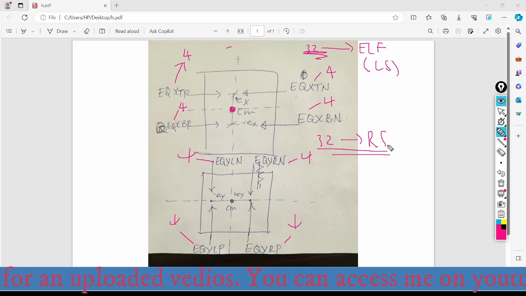In the response spectrum also, they were using 32 combinations, and for the linear static case, they were using 32 combinations, but it is a redundancy. I tried to analyze 32 combinations for linear static and 32 combinations for response spectrum, and I have got the results.